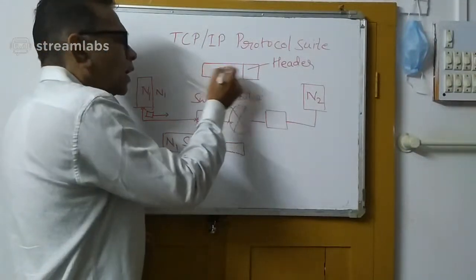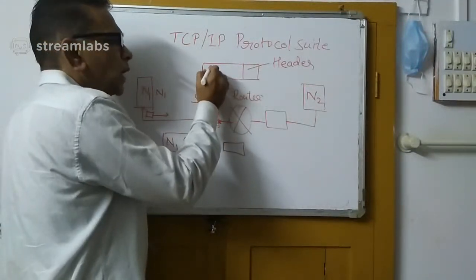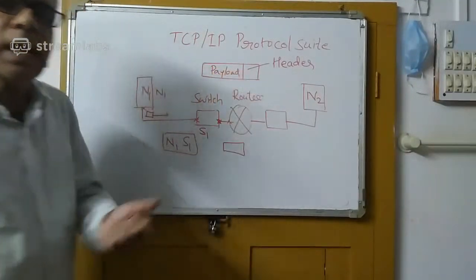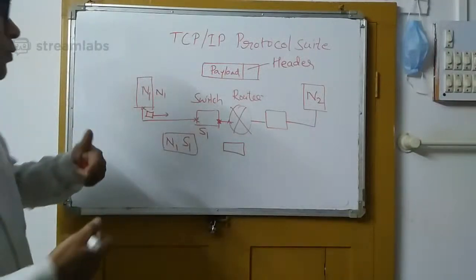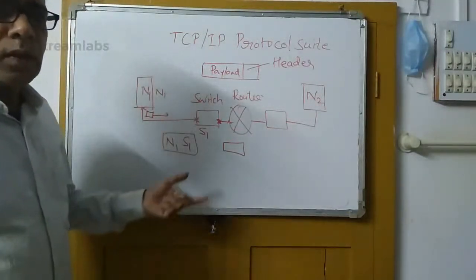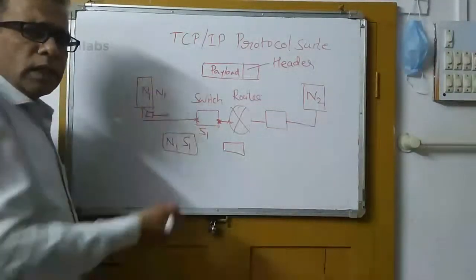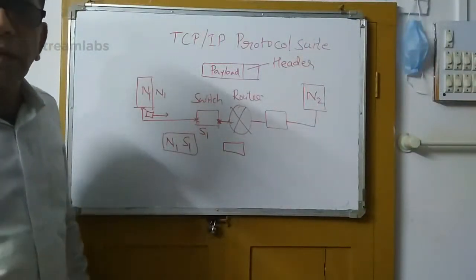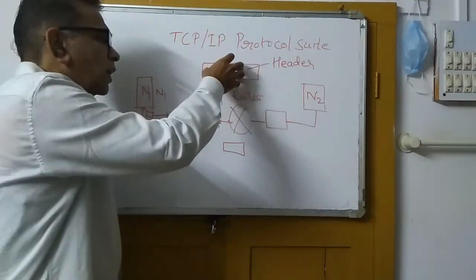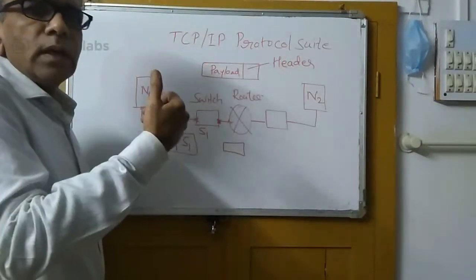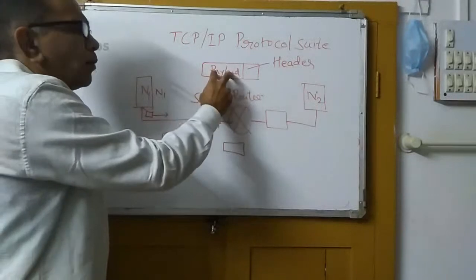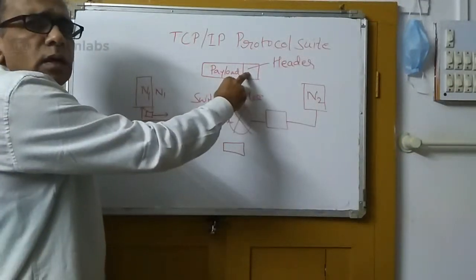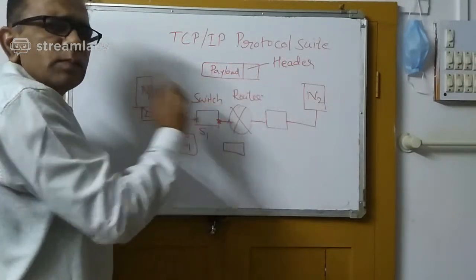The other part of the frame is the payload part, which carries the data that comes from the higher layer, normally the network layer. On the sending machine, that data is dumped over here, the physical address is put over here, and the frame is sent.